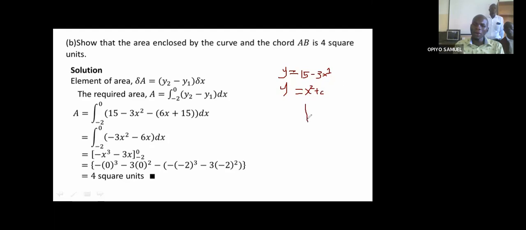This is a family of curves that looks like this.